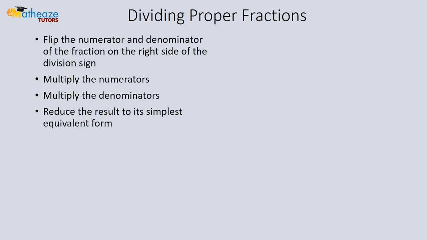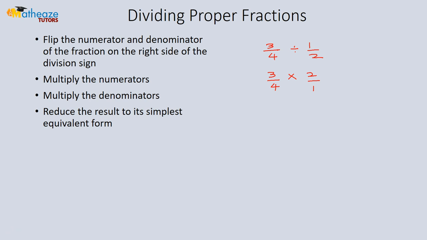If I had 3 over 4 divided by 1 over 2, what we're going to do is we have the left hand side and we're going to flip the right hand side.